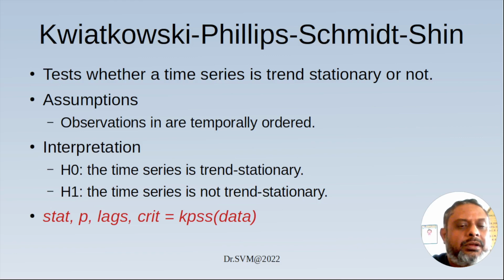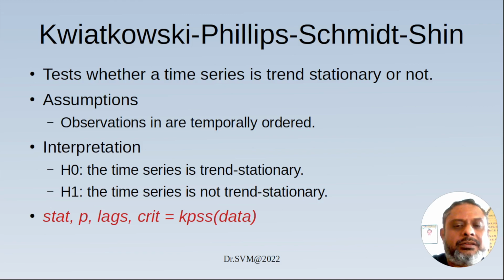If the p-value is less than or equal to 5%, then the null hypothesis is rejected, which means that the time series is not trend stationary. If the p-value is greater than 5%, then we cannot reject the null hypothesis, which means that the time series is trend stationary.